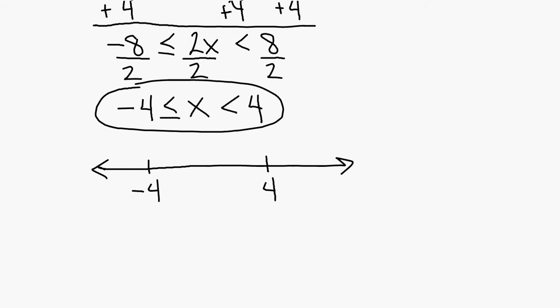On the negative 4, it's going to be a closed circle. And on the positive 4, it's going to be an open circle. And since the x is in the middle, you're going to shade everything in the middle. Questions?